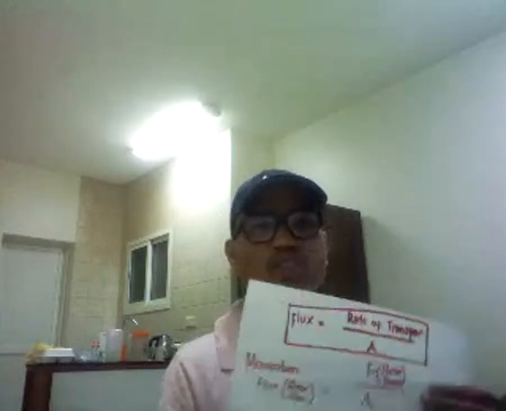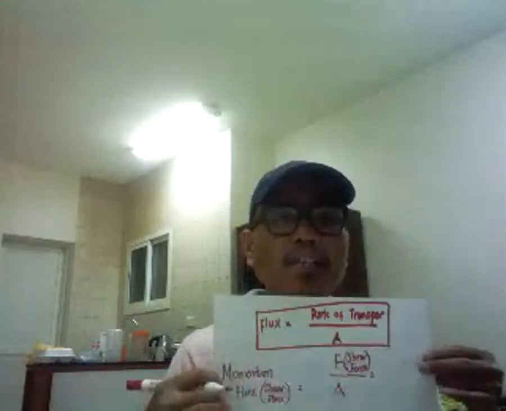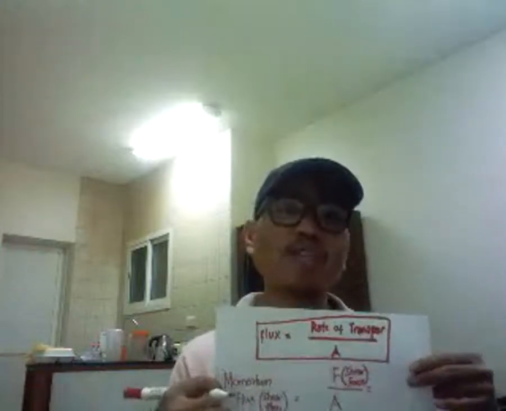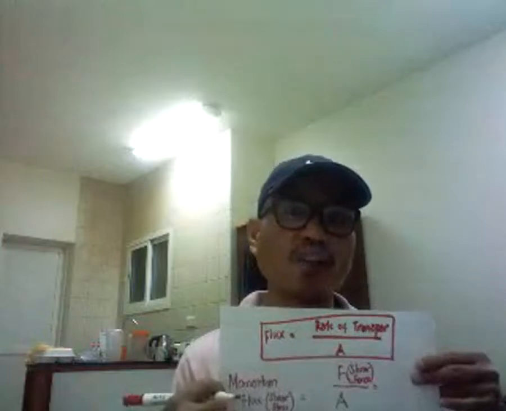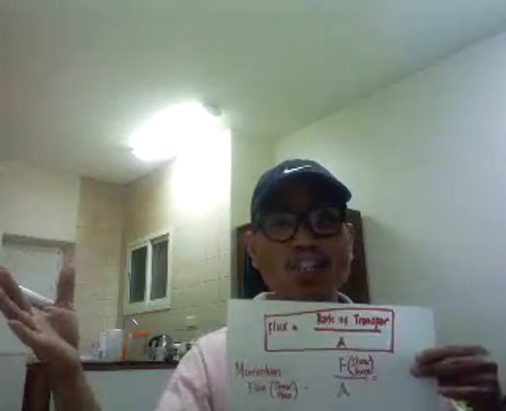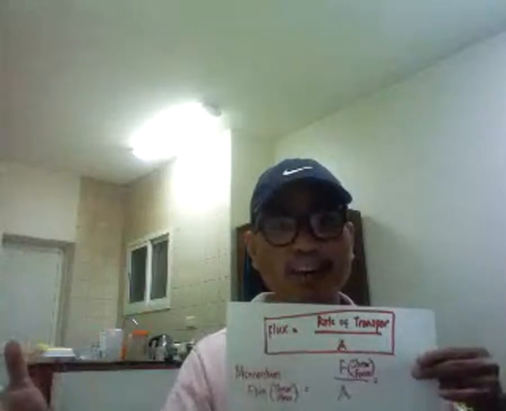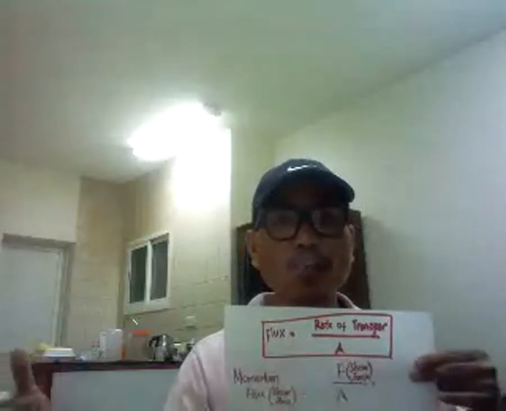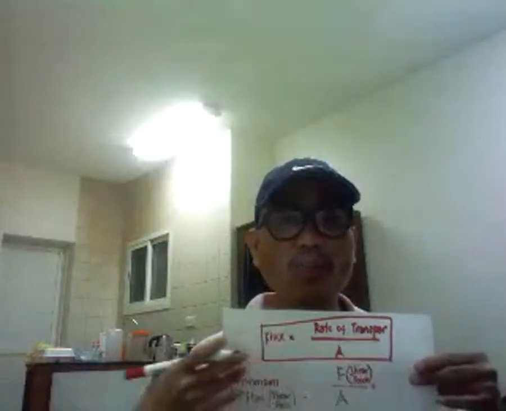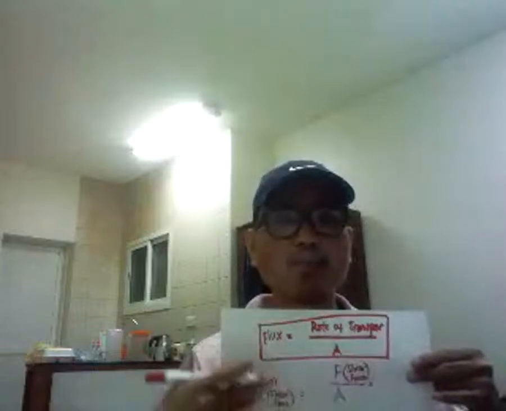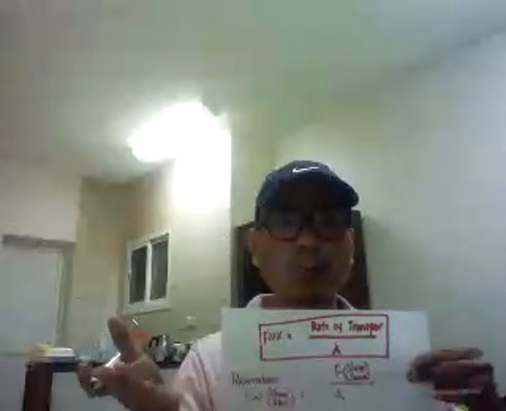Now, since we have the rate of transfer, the rate of transfer can be best described by inserting the delta change for this quantity per delta change of this quantity. But in the case of transport phenomena, our numerator will be based only on momentum, mass, and heat, because those are the transports that we are referring to.